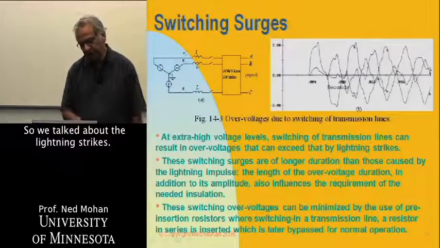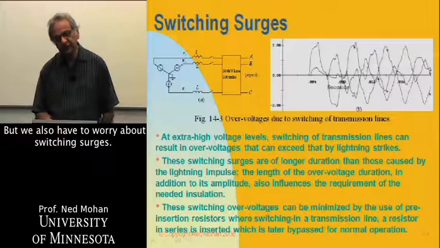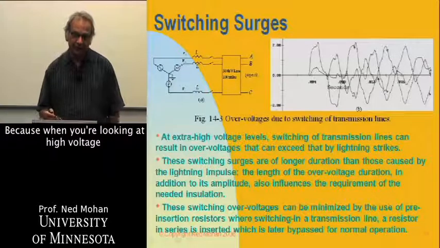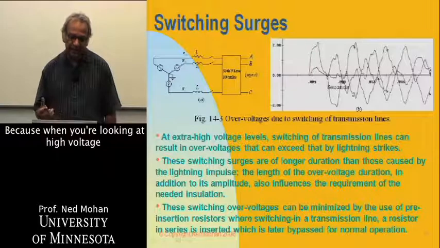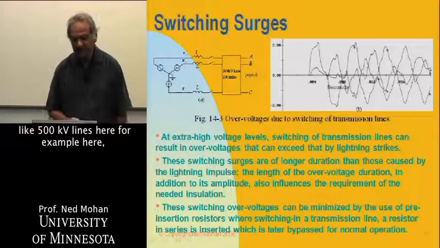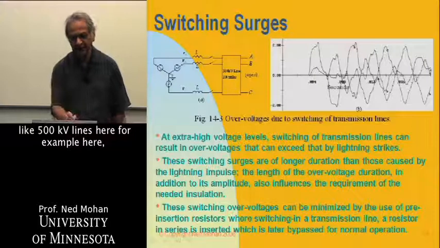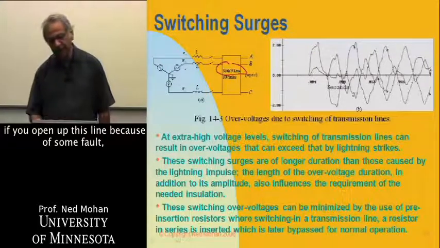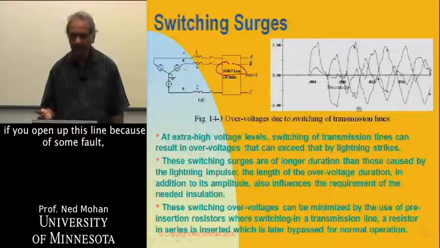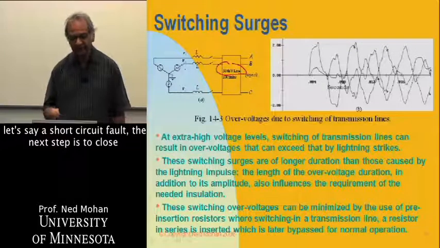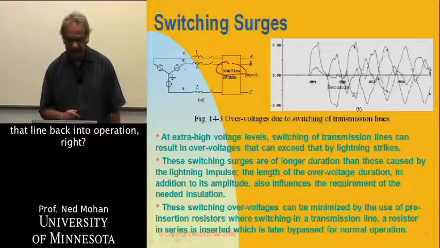So we talked about the lightning strikes, but we also have to worry about switching surges, because when we are looking at high voltage and extra high voltage transmission lines, like a 500 kV line here, if you open up this line because of some fault, let's say a short circuit fault, the next step is to close that line back into operation, right?